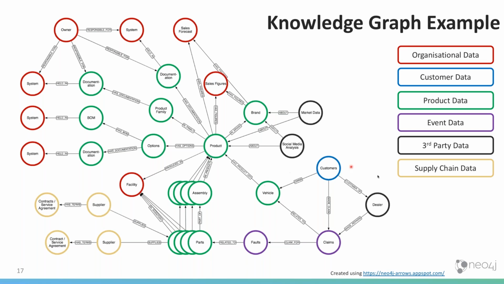Here we have more the claim information and fault information. We have marketing data and social media analysis that might be related to your brand or to your individual products. We have sales figures, sales forecasts. Bringing all this information together and making it linkable so that you can understand a full view across all these different sets of data.